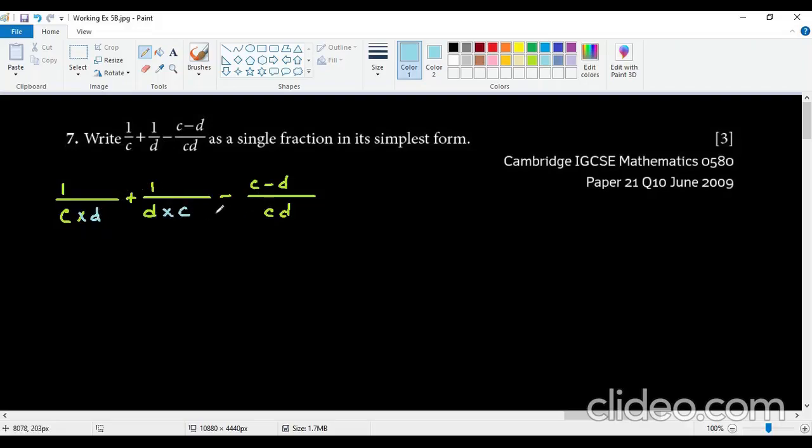Now all the denominators are equal and I will multiply the numerator by the same thing I have multiplied the denominator. So this is going to give us d over cd plus c over cd minus c minus d over cd. Now I can see denominators are equal.